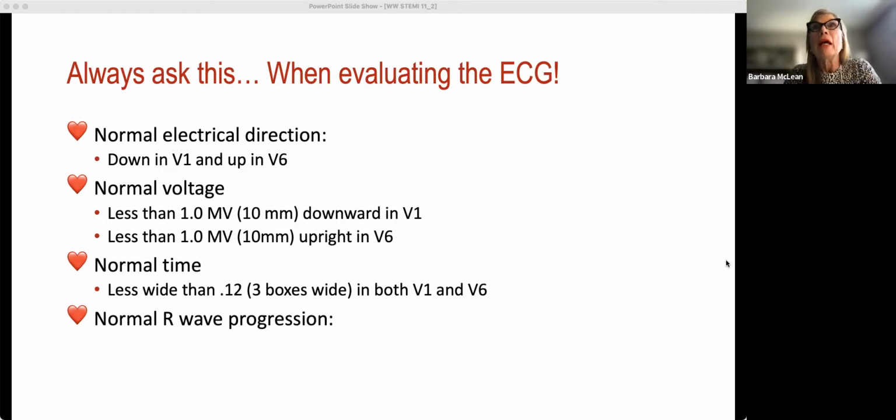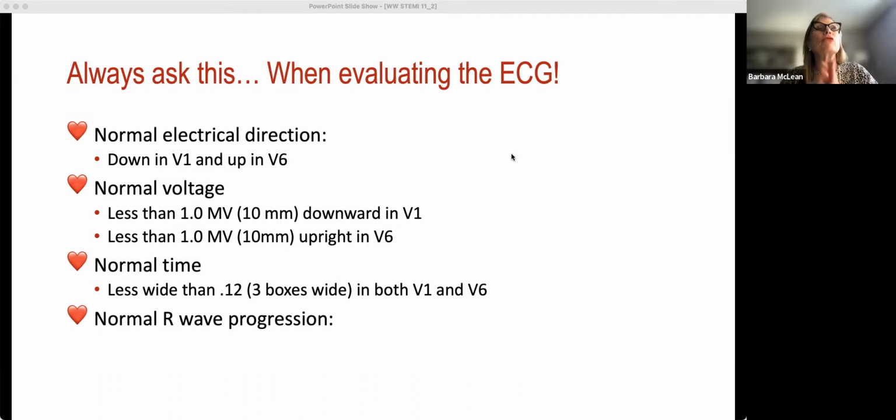I do want to remind you always, when you're evaluating EKG, to try to have some simple things. First of all, when you look at V1 and V6 on your 12-lead EKG, always ask: is there a normal electrical direction?